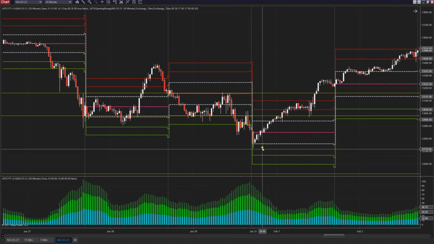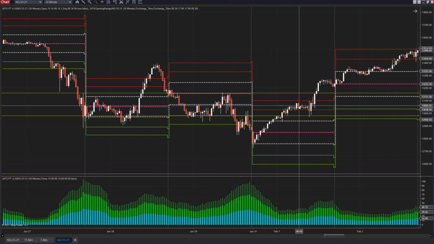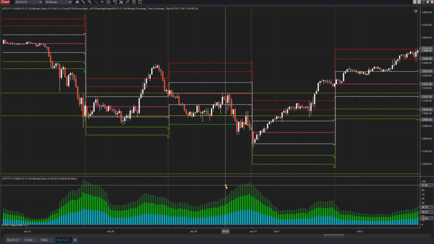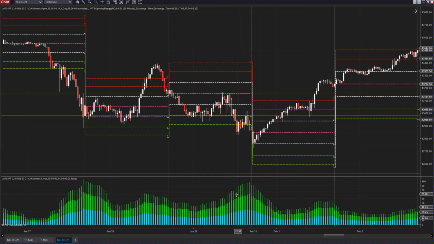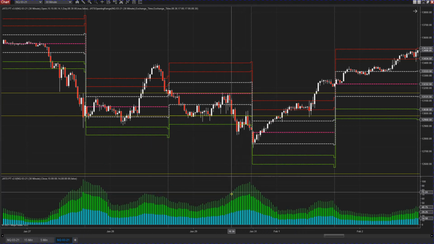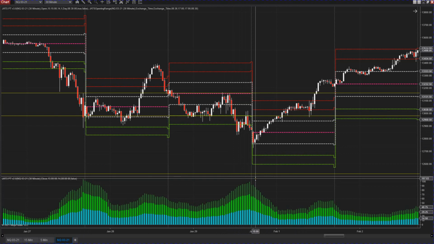You see that nice contraction, so it starts moving up. If the range were expanding to the downside, this range expansion slope is going to be continuing to go higher. So there's your confirmation to turn it around.